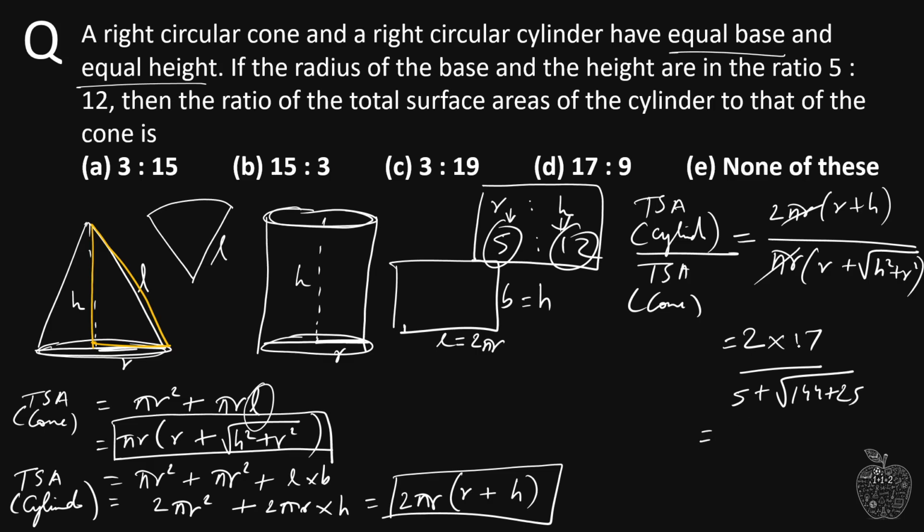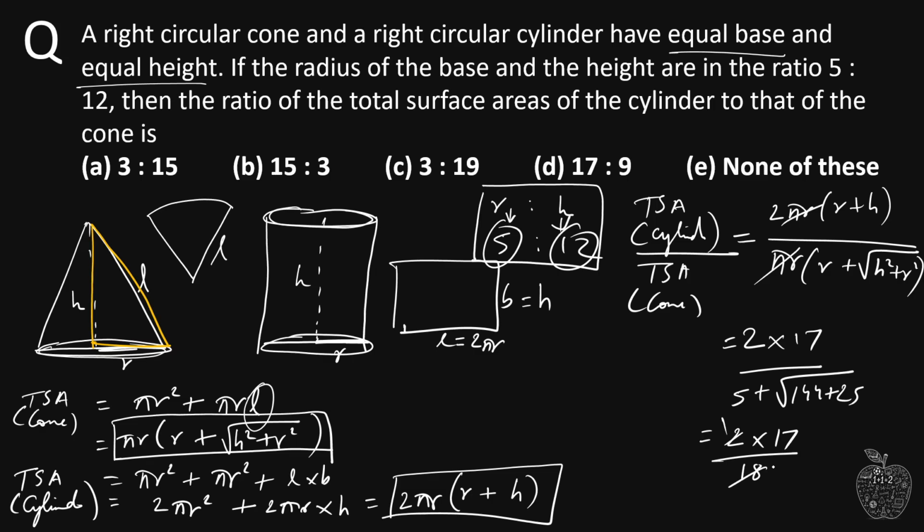So we get 17 into 2. We'll not multiply this, we'll just write it as it is for now. We are left with 5 plus, now 144 plus 25 is 169, and the square root of 169 is 13. So we have 13 here, and 13 plus 5 is 18.